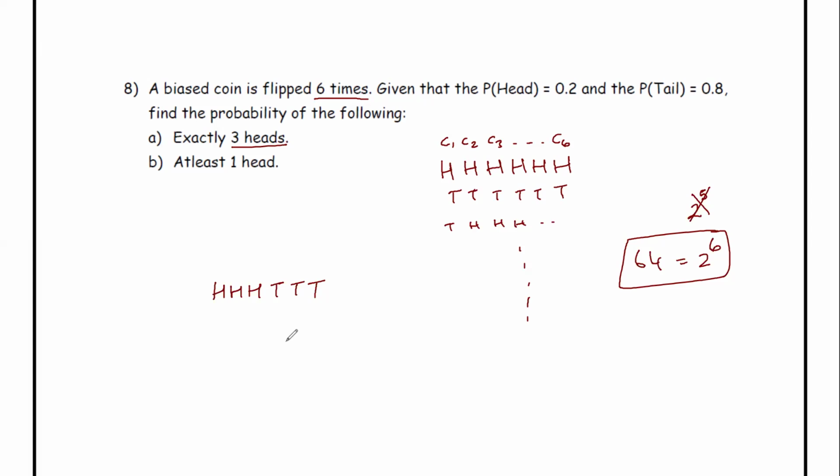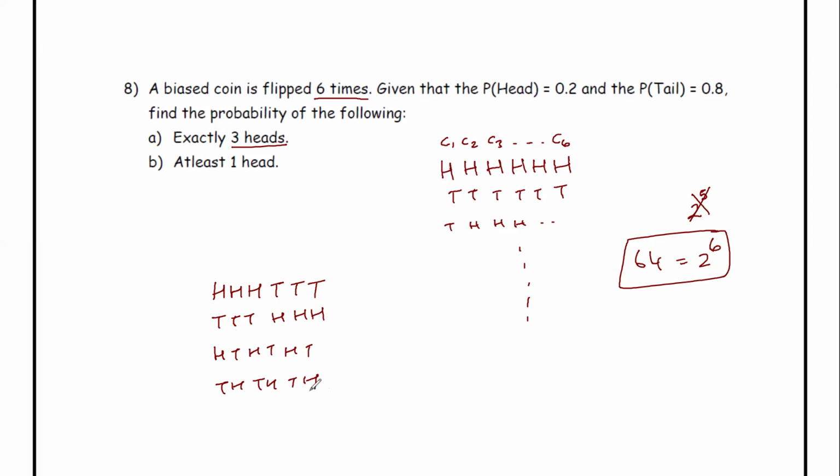I would like to use the word arrangement here rather than combination, because 3 H's followed by 3 T's and 3 T's followed by 3 H's are different, the order is different. HT is also a different arrangement, and TH is also a different arrangement.